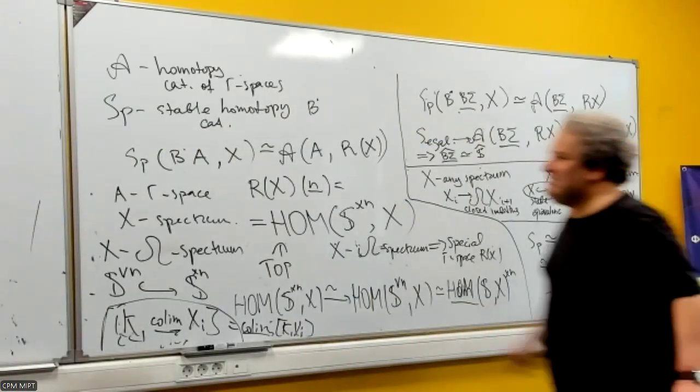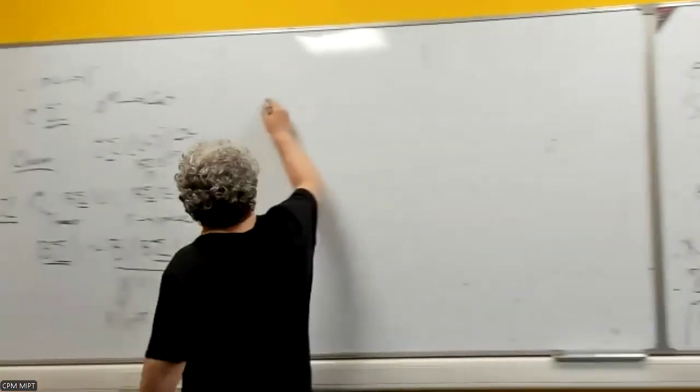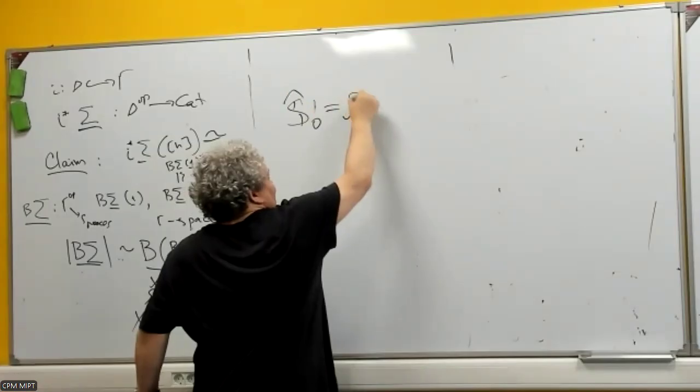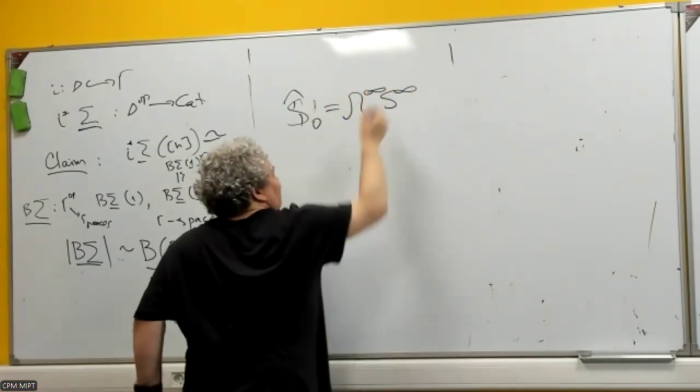So if you take the sphere spectrum at 0, then it's just Omega infinity, as we explained, right?